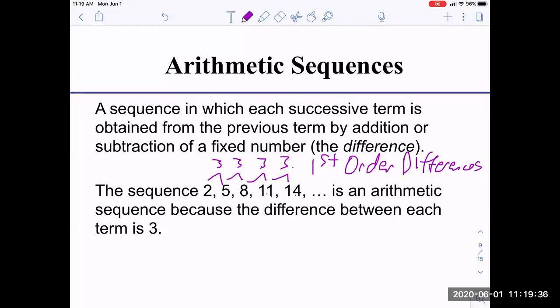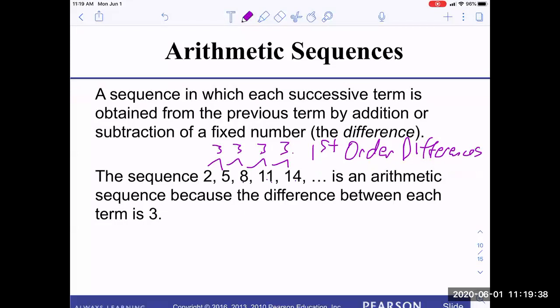So let's explore this deeper. I'm going to give an arithmetic sequence. The 3 dots, the ellipses, mean it just continues on. But I'm going to add something to this because I'm going to change it into a little bit of algebra.